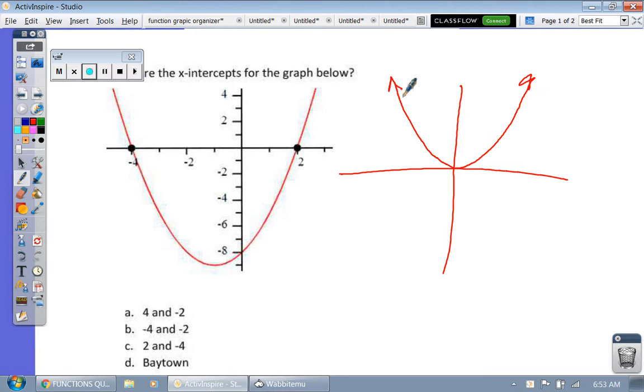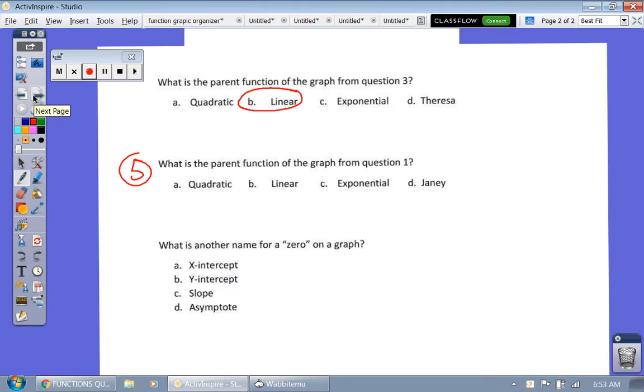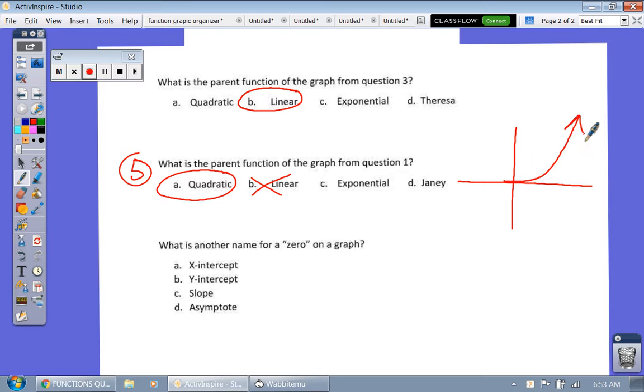And so does question 1 here look like this parent? Yes. So let's go back to our question. What is the parent function from question 1? It's not linear, it's quadratic. And remember, the exponential graph looked like this. The quadratic looked like this. And then the other, no. So we know it's A.